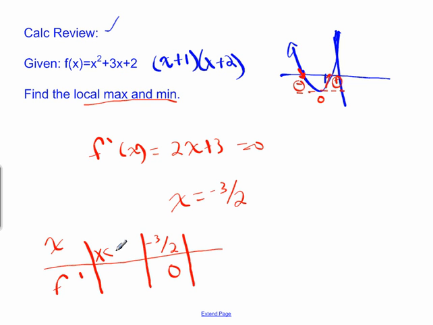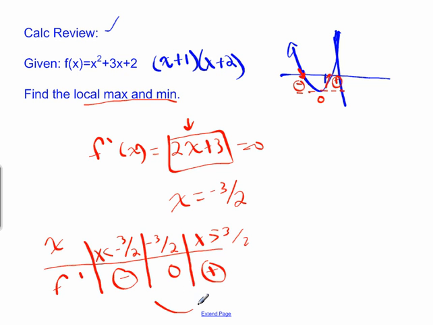When x is less than negative 3/2, plugging that into my derivative, we get a negative value. And when x is greater than negative 3/2, if I plug a value in, I get a positive value. So that implies that it is a min, and I found the value of x for which it is a min. We're going to use very similar methods, not exact, but similar, when we start talking about 3 dimensions.